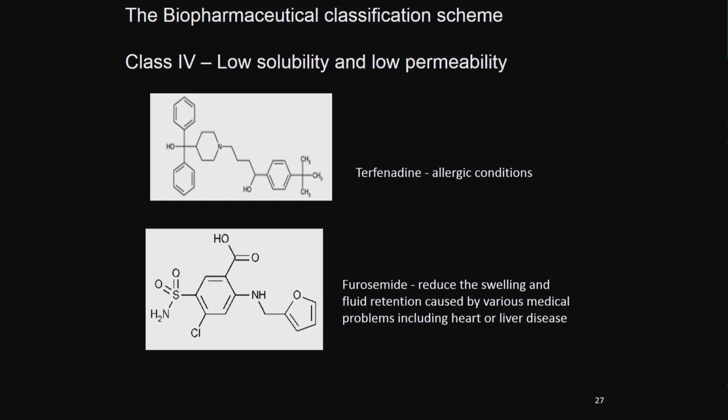at the same time permeability is also very poor. Terfenadine is for allergy, furosemide reduces swelling, fluid retention caused by various medical problems. So these drugs obviously have serious problems, if these drugs are given in large doses you can have toxicities also, so there has to be some structural modifications to these drugs to improve their solubility as well as permeability, okay.